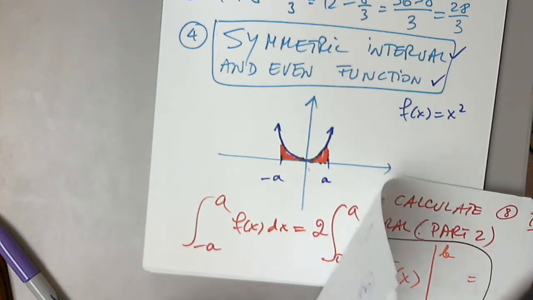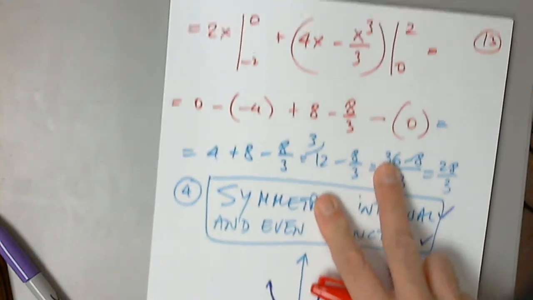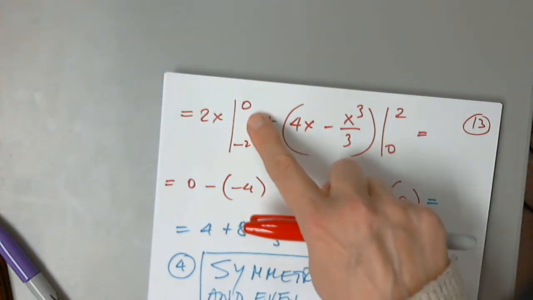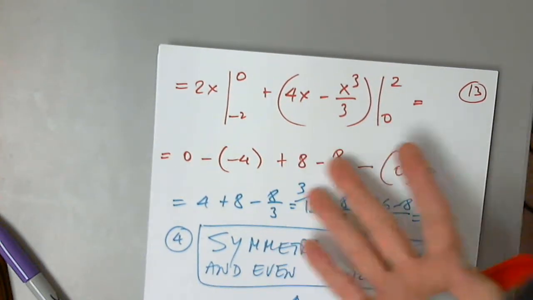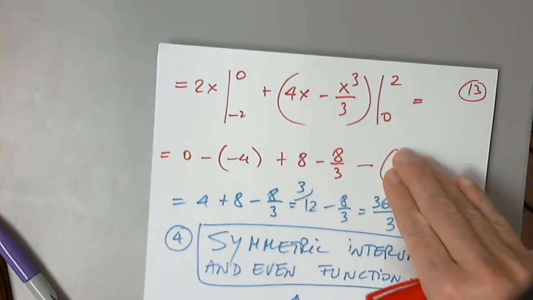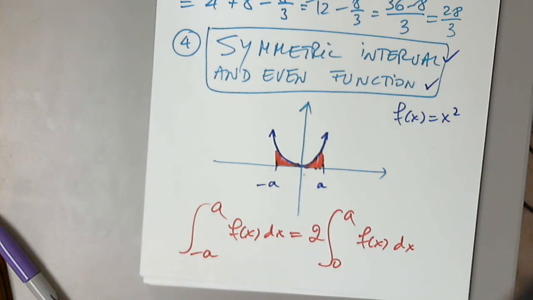But on the previous example, when one of those limits was 0, it made the calculations easier. When I plug in 0, there is nothing. So yes, I do prefer the second presentation, 2 times the integral from 0 to a, versus this one.